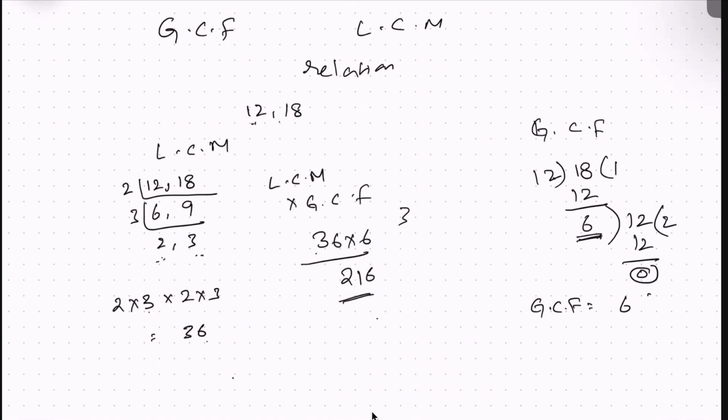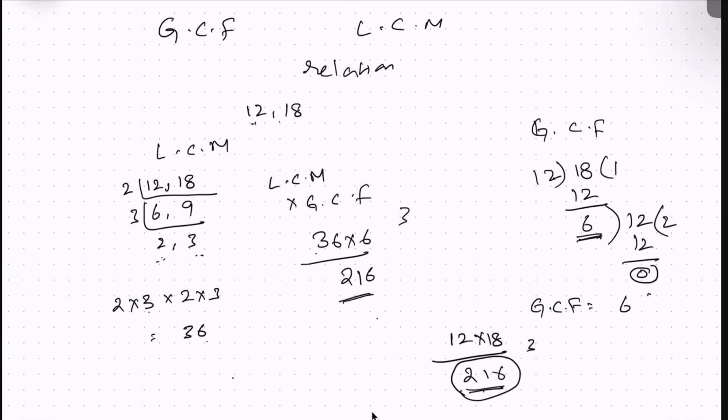And let us multiply the two given numbers, 12 times 18. 18 times 2 is 36. 18 times 1 is 18, 18 plus 3 is 216. If you observe clearly, the multiplication value for the given two numbers is 216, which is equal to the multiplied value of LCM and GCF.